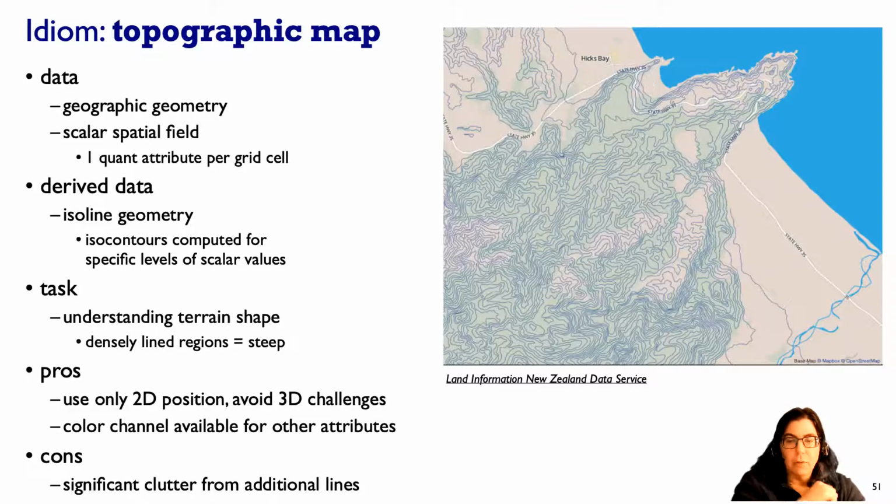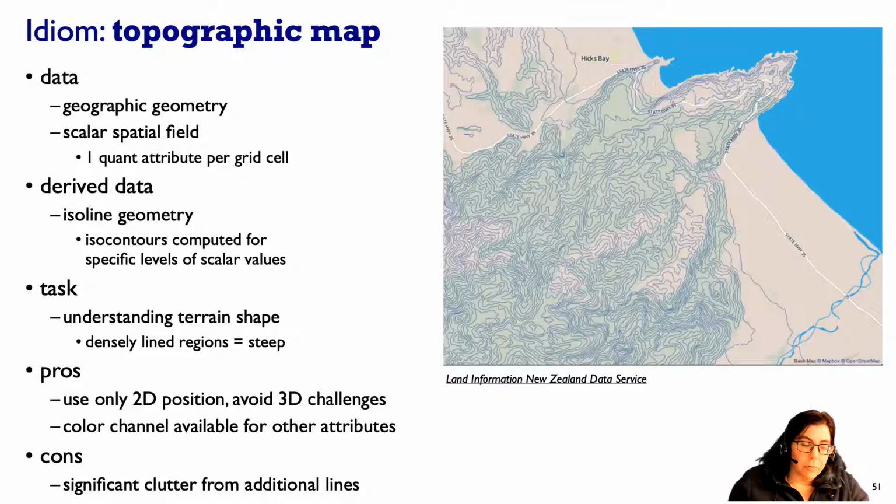Instead, they're the line of equal height. And then we're able to understand something about the shape of the terrain. In regions where there are lots of lines really close together, that means there's a very steep gradient, right? You're going up or down a hill very quickly. And then in these large regions that don't have many lines at all, that's where things are very flat. And of course, we know that the blue is the sea, and so that gives us some sense of what things are near sea level.